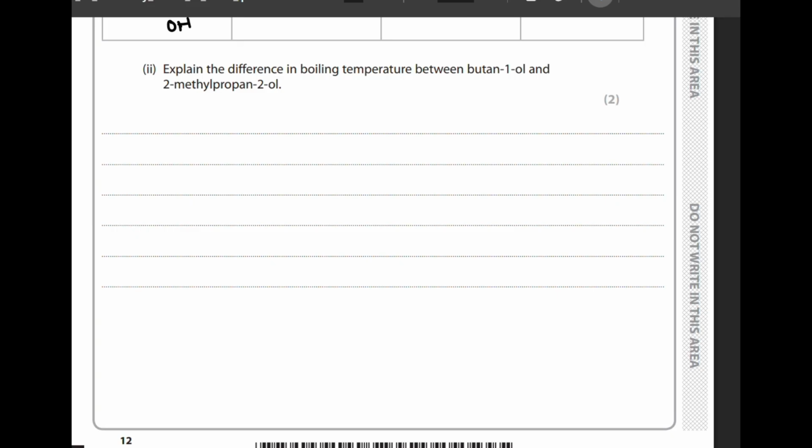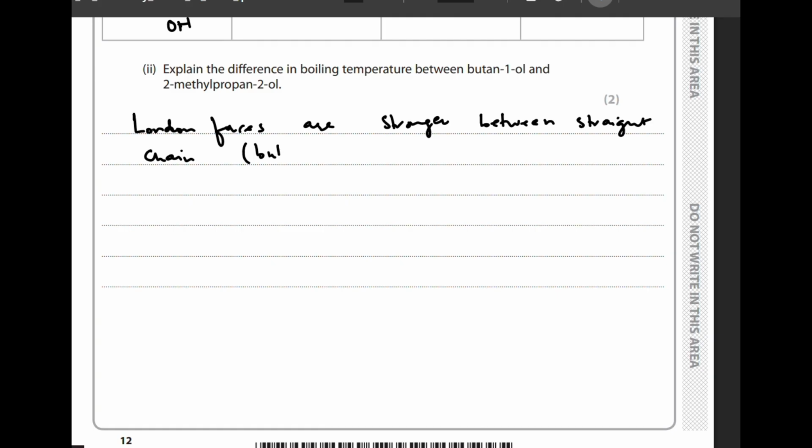So you can write that London forces are stronger between straight chains in butan-1-ol because it has a higher, or greater, surface area.